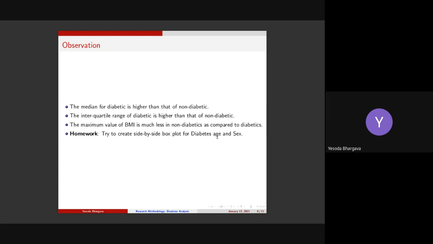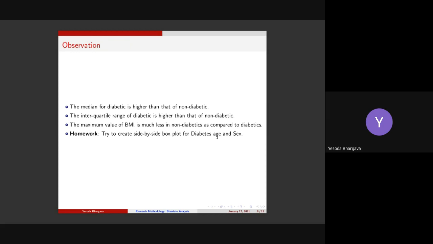One very important thing is, just because one variable is continuous and the other is categorical, you don't mindlessly go on drawing a side-by-side box plot. It should actually mean something. For example, it would really tell me something if I want to analyze the BMI of diabetic and non-diabetic people. That would clearly tell me what is happening in the BMI for these two groups.